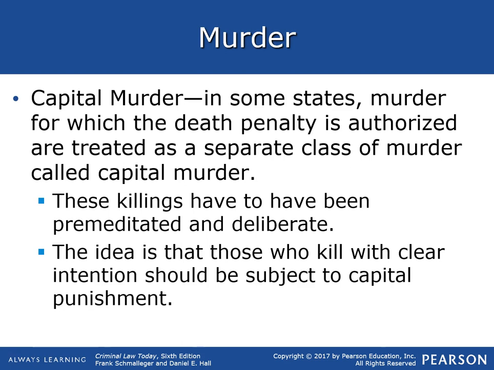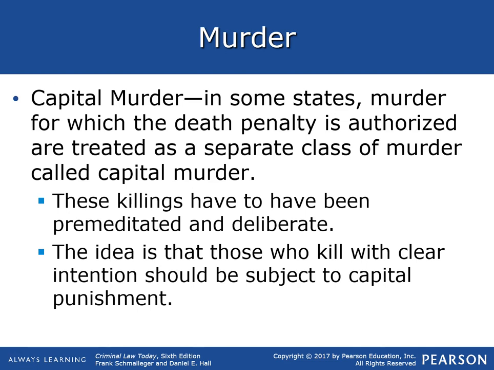And that brings us to the point of capital murder. Now, in some states, murder for which the death penalty is authorized are treated as a separate class of murder called capital murder.